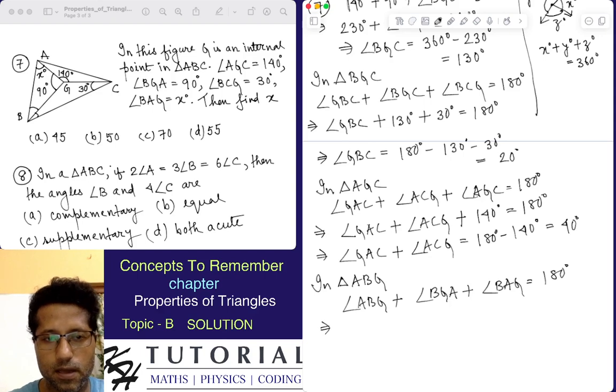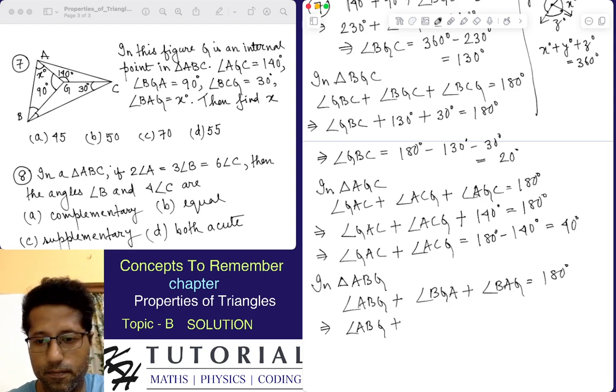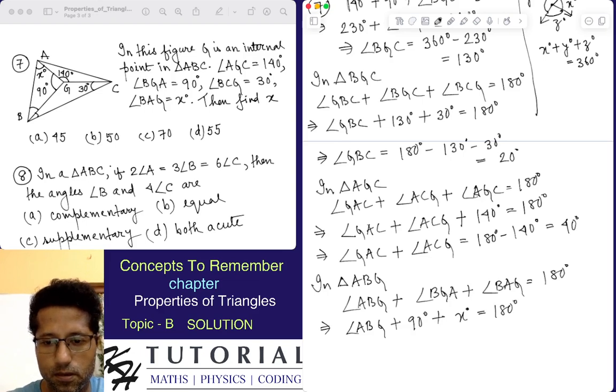This implies angle ABG we don't know, plus angle BGA we know it is given to be 90 degree, and angle BAG is x degree, is equal to 180 degree. This implies angle ABG plus x degree is equal to 180 degree minus 90 degree, that is equal to 90 degree. Okay.